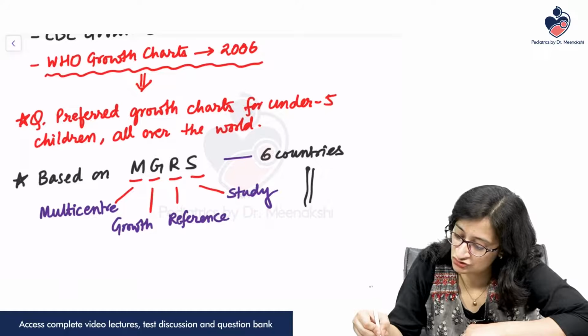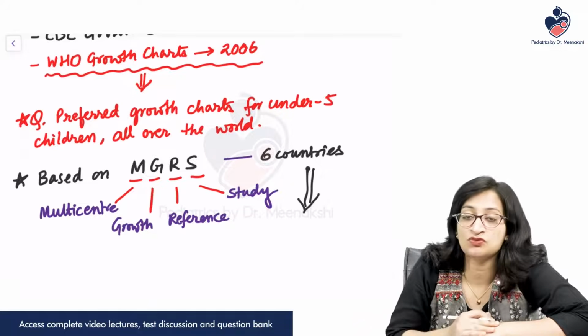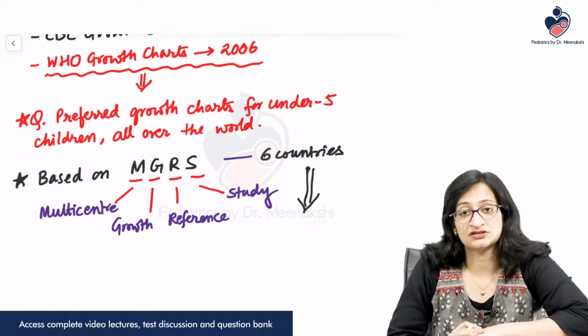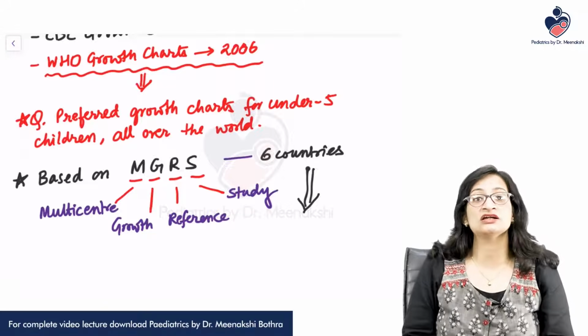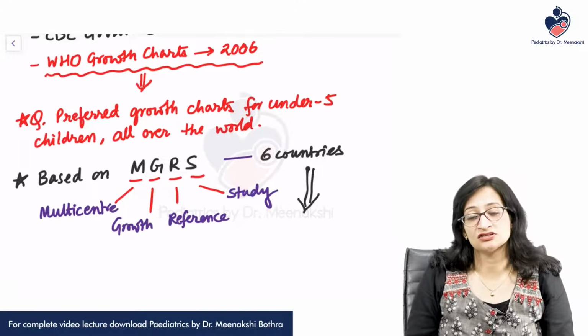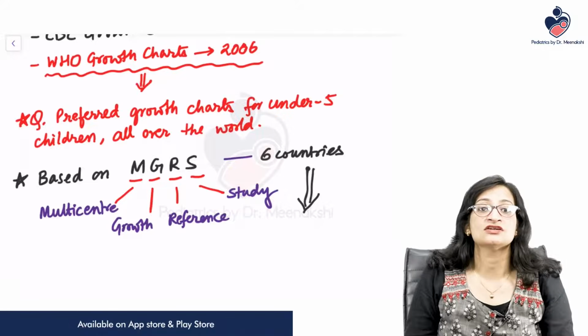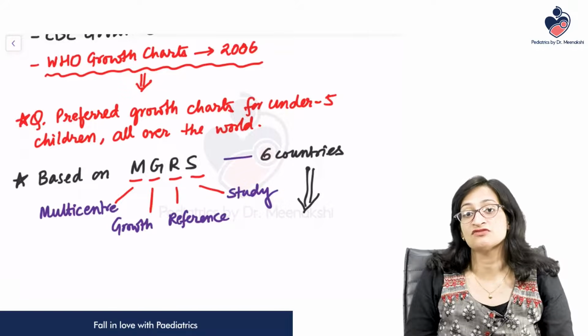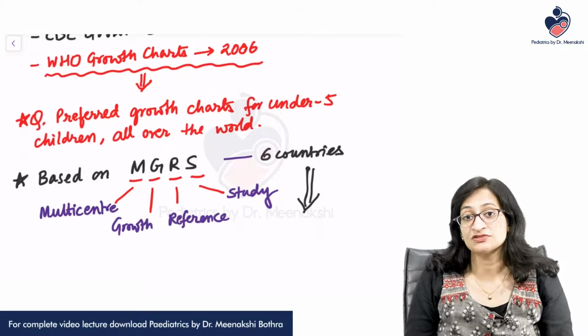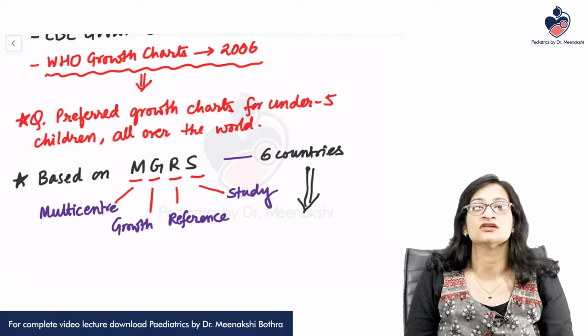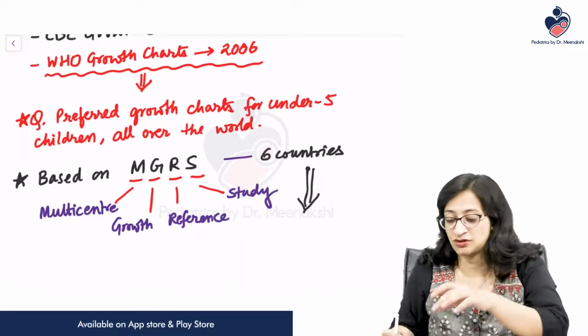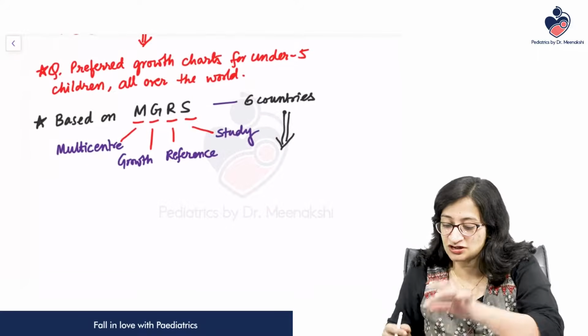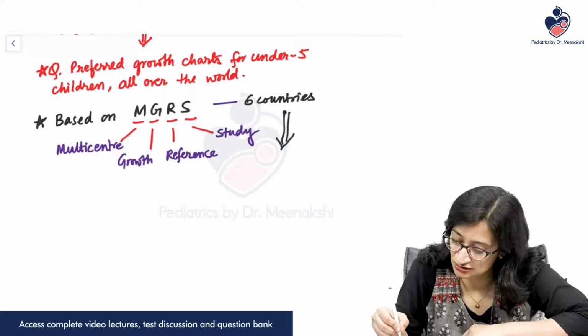Once there was a question: all of the following are true about WHO growth charts except. The incorrect option, and so the answer, was that the data was collected from 6 states of US. It's not 6 states of US; the data for WHO growth charts was collected from 6 countries across the world including India.